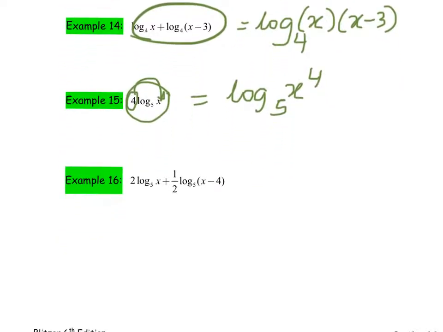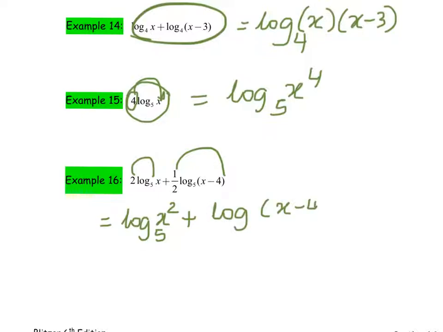Let's work with the powers first. I'm going to go back and put the powers in place. So that is going to be log x squared base 5 plus log (x minus 4) to the power half.